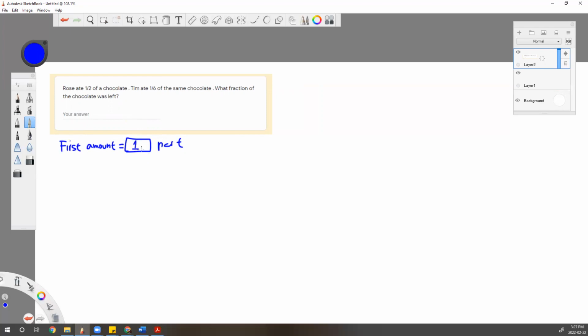As always, yeah. So regardless of the number of the fractions, the first amount or the initial amount is always 1. Okay, so 1, and then Rose ate, so it is plus or minus? Minus. Minus, okay. Minus Rose's part.